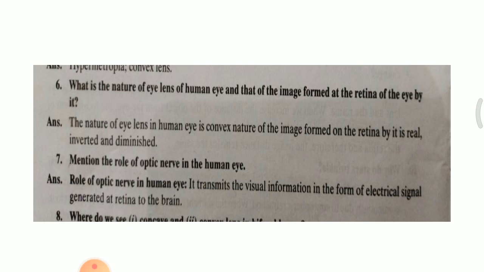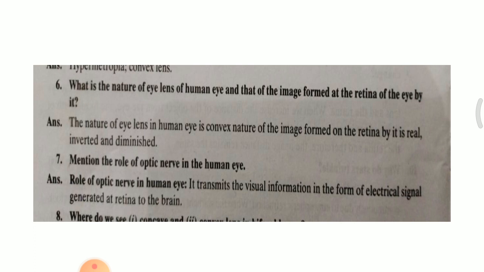The nature of eye lens in human eye is convex, and the image formed on the retina is real. You know that the convex lens forms a real inverted image. So it forms a real, inverted and diminished image on the retina.